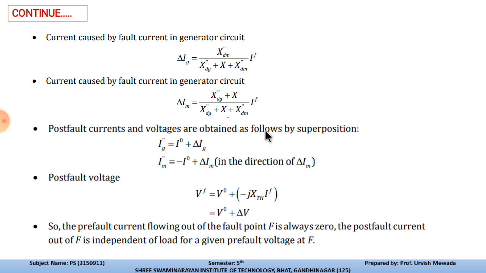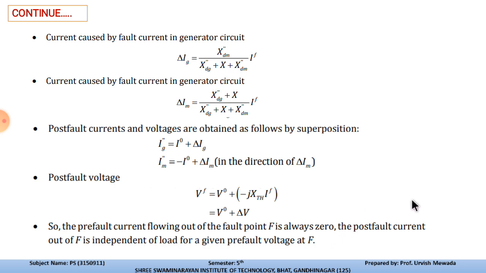So the pre-fault current flowing out of the fault point F is always 0, and the post-fault current out of F is independent of the load for a given pre-fault voltage at F. This is the solution where the fault takes place inside the synchronous machine.